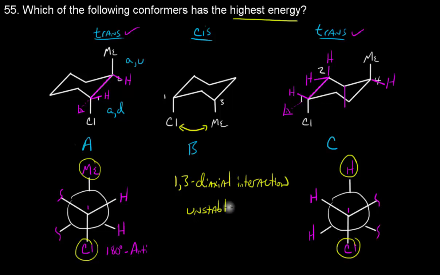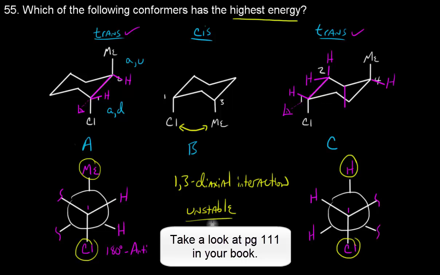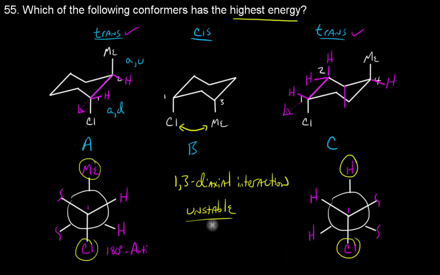Okay, so you can prove this to yourself by drawing a little bit more complicated Newman projection that has two Newmans attached to each other, and we've probably done this in class, but if not, try to draw this guy with two Newman projections and try to convince yourself that it's extremely unstable. It's a little bit more difficult, but if you are interested in more of the why, this will help out with that. Okay, next question.